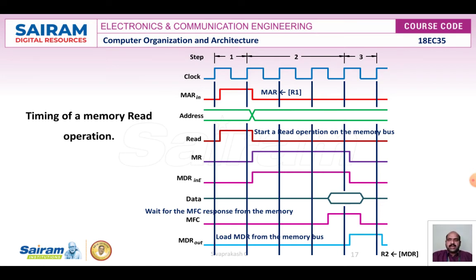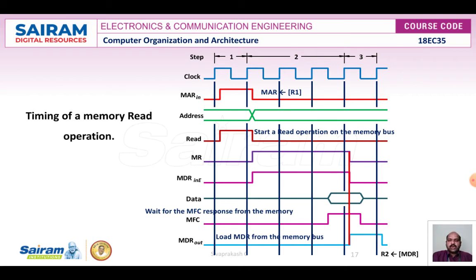Here, if you look at R1 out, comma, MAR in, comma, read, this decides the operation. Let's discuss how these operations are present. R1 out, MAR in, read means the address is loaded into the memory address register, and the read command is issued.